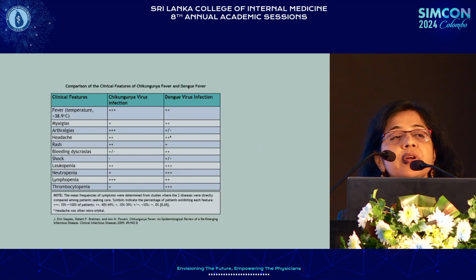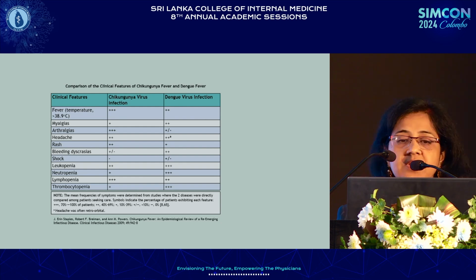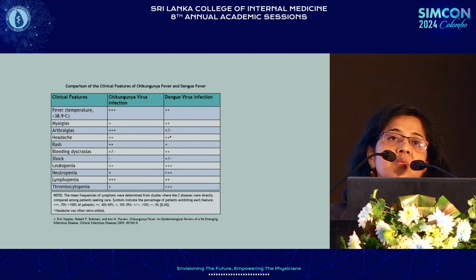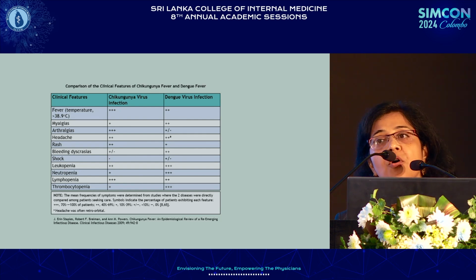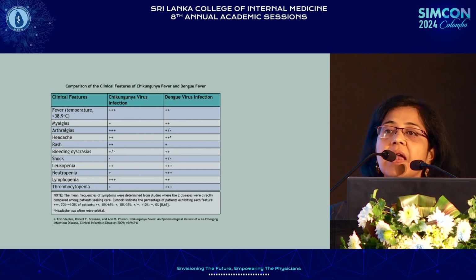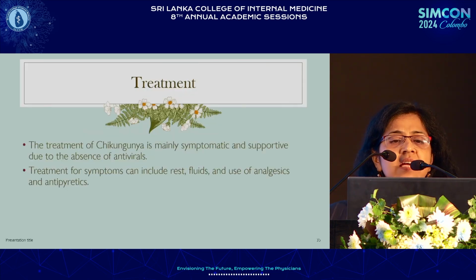I am not going to go into the details of this table, but what I must point out is that in the case of dengue, the presence of shock, bleeding manifestations, and the extent of suppression of blood cell lines is more than in the cases of chikungunya. So how to treat such patients?